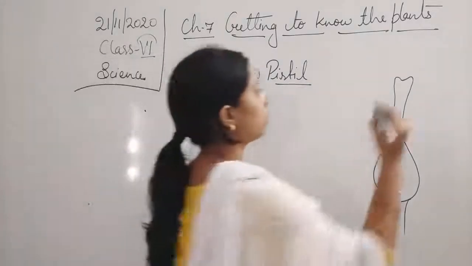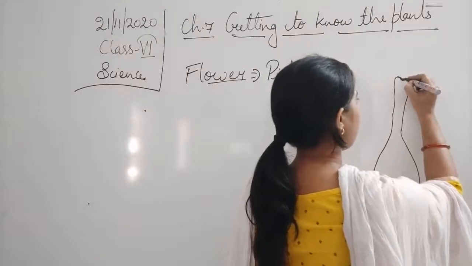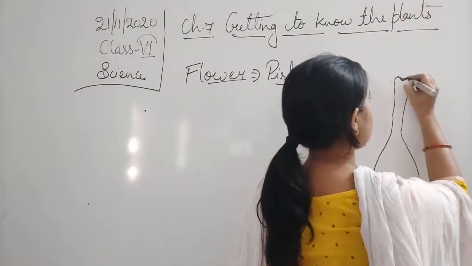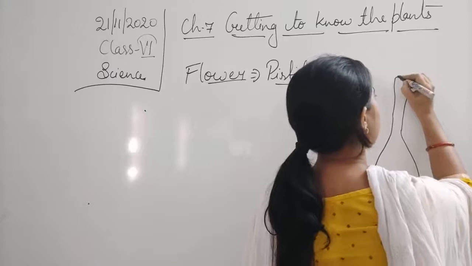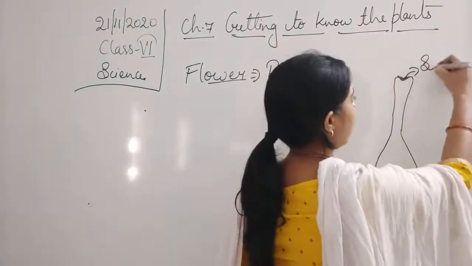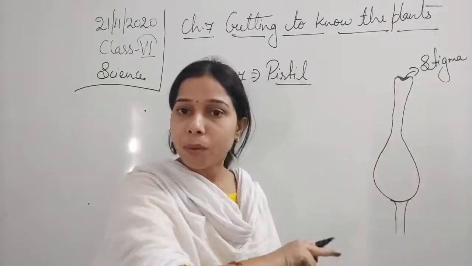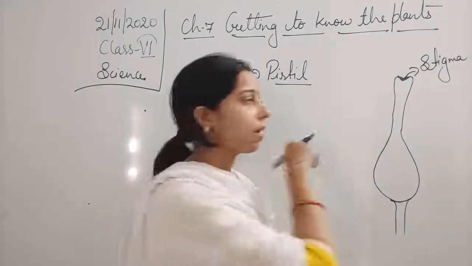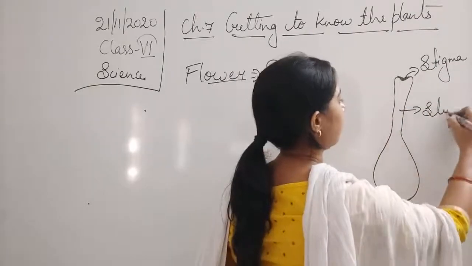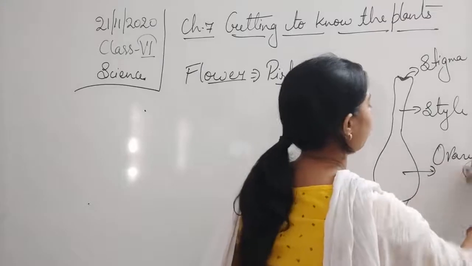We have already said that this portion is the one with a sticky substance over it, and that is known as the stigma. In the middle portion, a tube-like structure is there, known as the style. And the swollen base is known as the ovary.